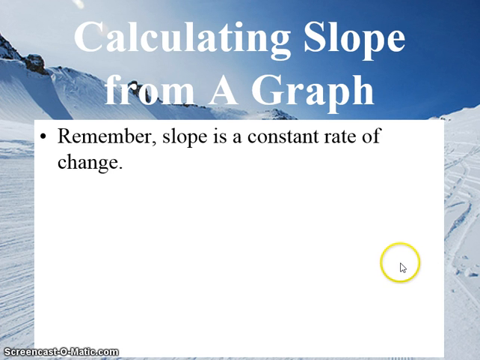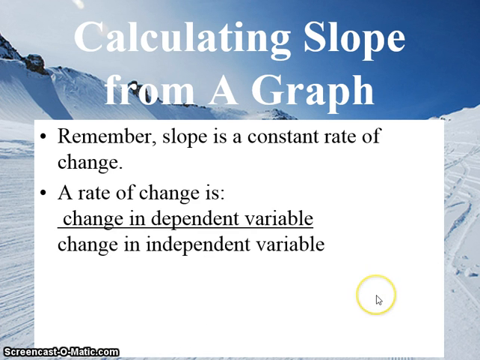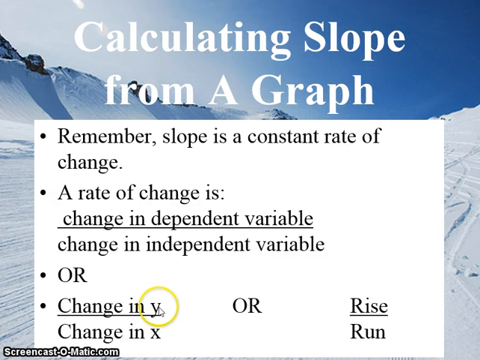Remember, slope is a constant rate of change, and a rate of change is the change in the dependent variable to the change in the independent variable, or the change in y, because dependent and y are synonyms, over the change in x, which stands for the independent variable. And we know on a graph that y goes up and down, so we're going to call that the rise, and x goes left to right, so we're going to call that the run.